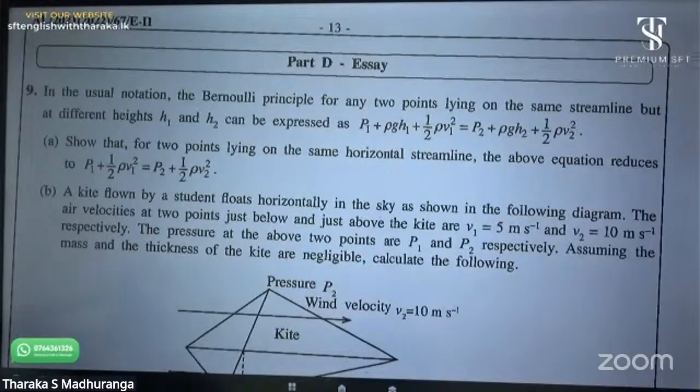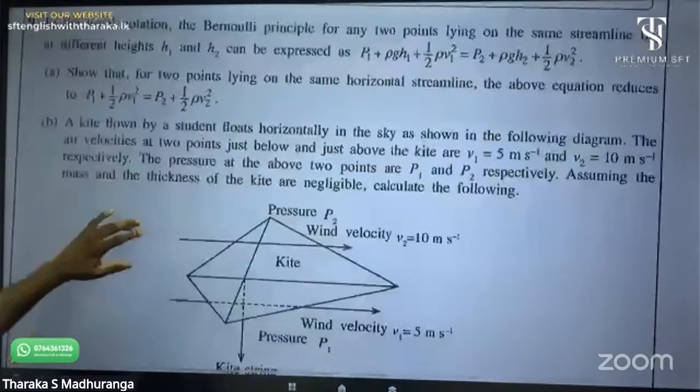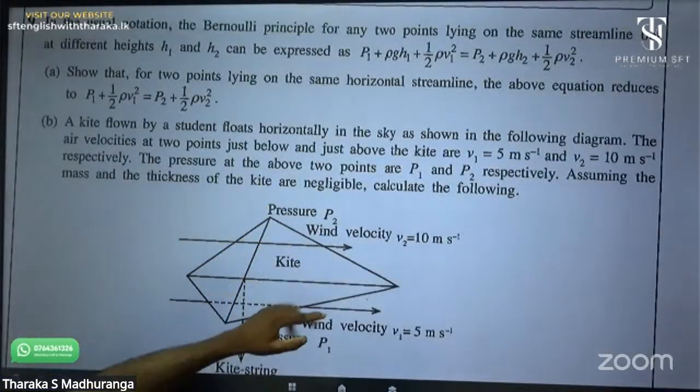A kite flown by a student floats horizontally in the sky as shown in the following diagram. The air velocities at 2 points, just below and just above the kite, are 5 m/s and 10 m/s. Above the kite 10, below the kite 5.